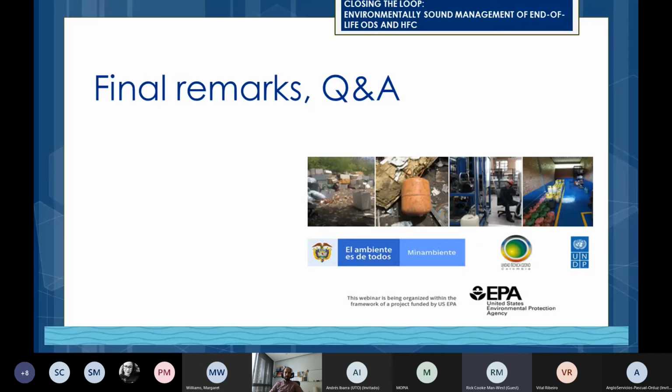The first choice always is recovery and reclaim, at least to the point where you want to eliminate that particular chemical. CFC-12, as an example, would now have to be destroyed globally anywhere. There shouldn't be a market for CFC-12. That point will come within the next decade for HCFCs, and hopefully ultimately for HFCs.